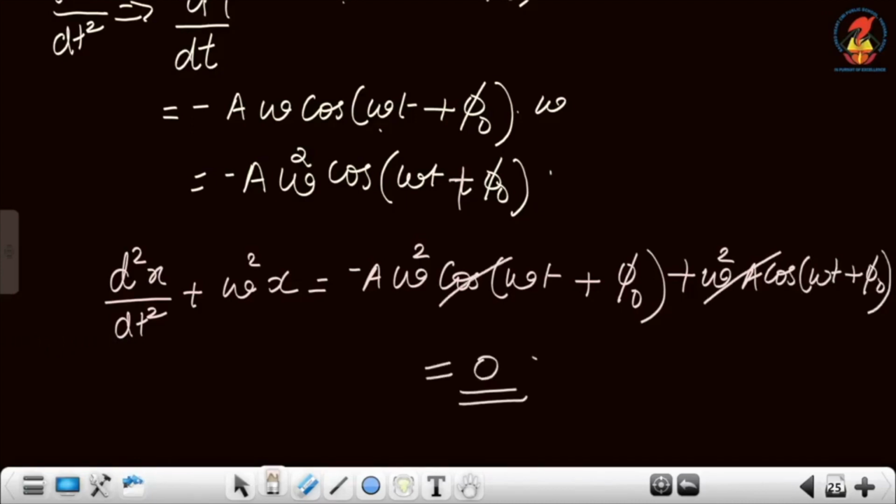Which means that x = A cos(ωt + φ0) is the solution of the equation d²x/dt² + ω²x = 0.